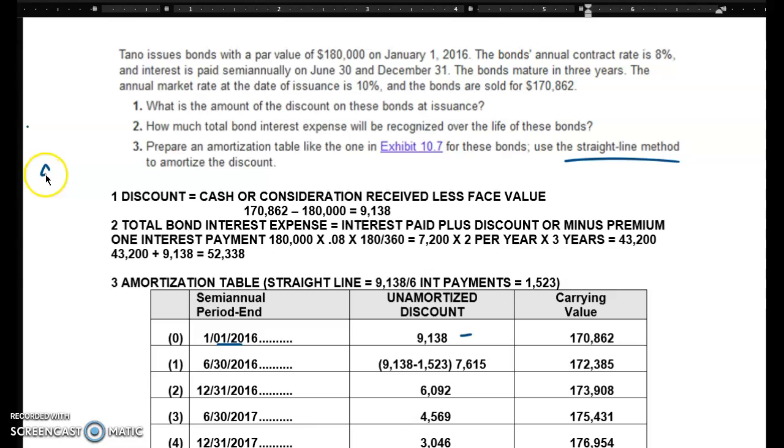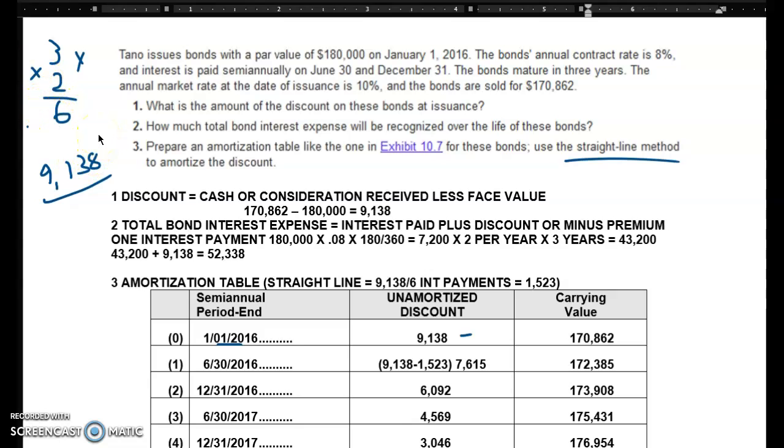So we're going to divide the discount by one number, and that's going to give us the amount that we're going to amortize every 6 months for 3 years. Well, if it's a 3-year bond and we pay interest twice a year, that means we're going to pay interest 6 times.